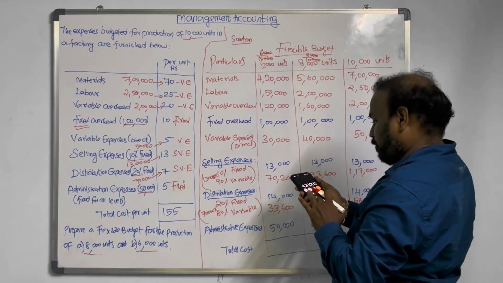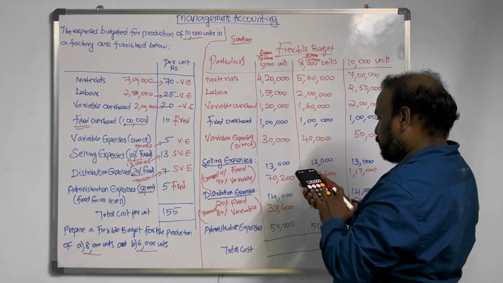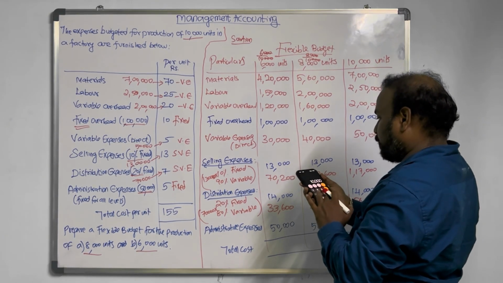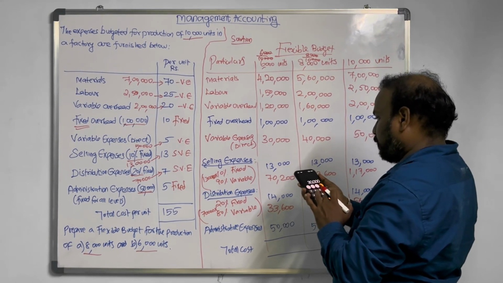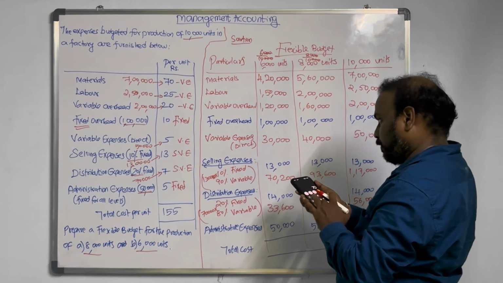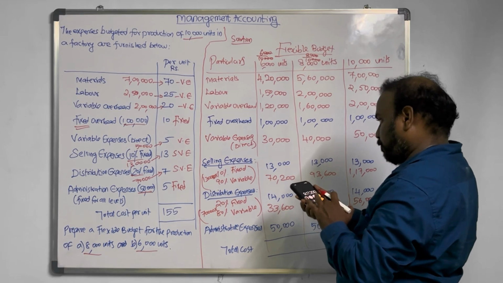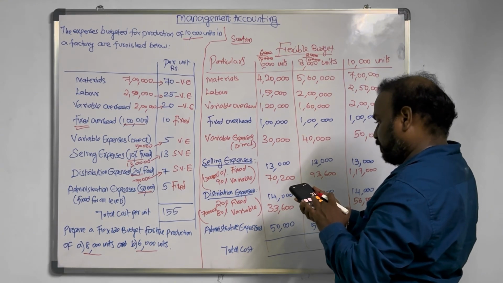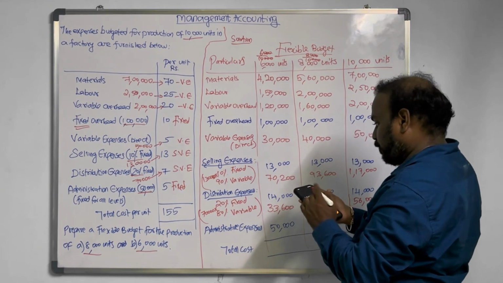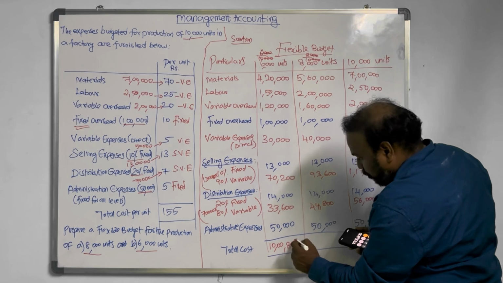Just total: 4,20,000 plus 1,50,000 plus 1,20,000 plus 1 lakh plus 30,000 plus 13,000 plus 70,200 plus 14,000 plus 33,600 plus 50,000. So you are getting 10,80,000.